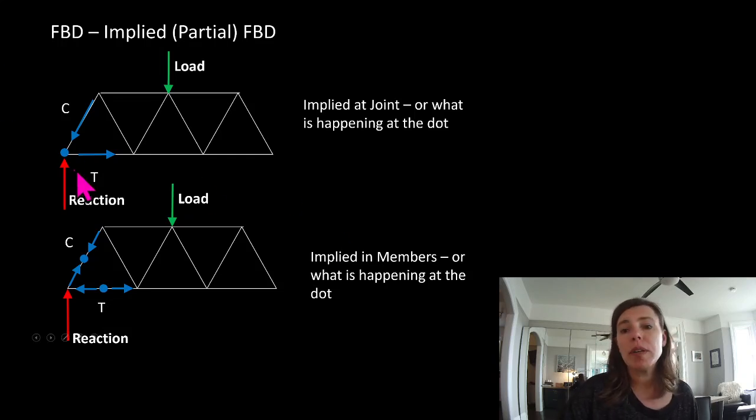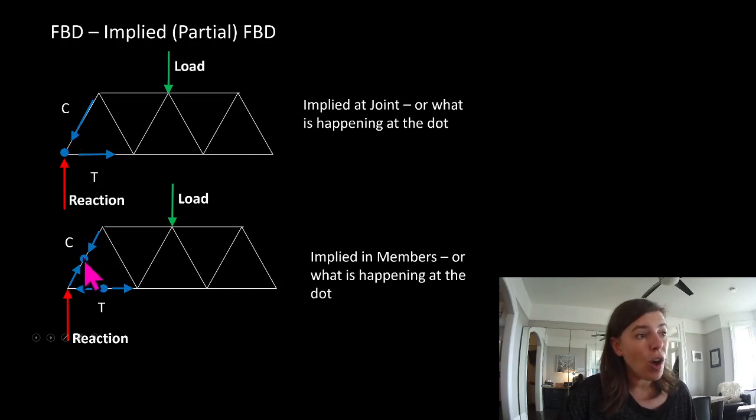So for example, if we're talking about this point right here, that arrow is pointing to that dot, so that would be compression. This arrow is pointing away from that dot, so we're saying tension. So this object would be in tension, and this object would be in compression.